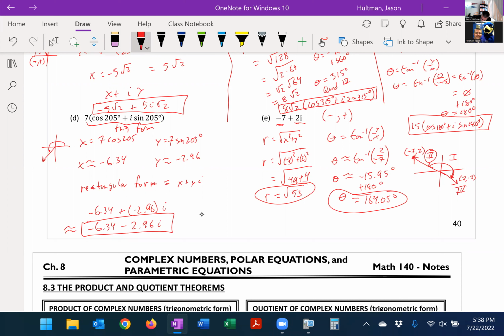And so we're going to say that this is the square root of 53 times the cosine of 164.05 degrees plus i times the sine of 164.05 degrees.